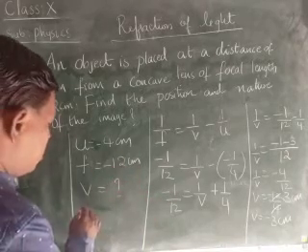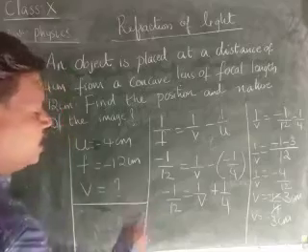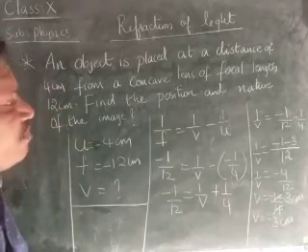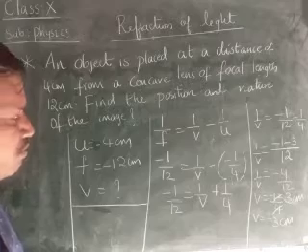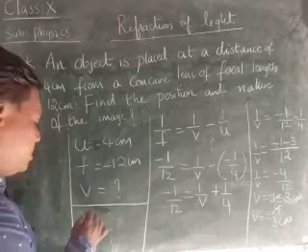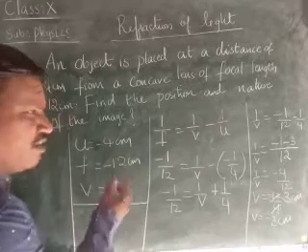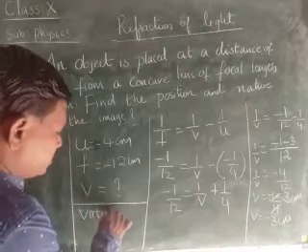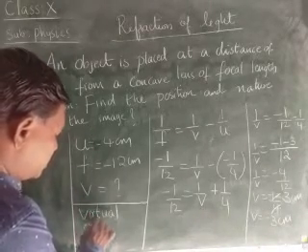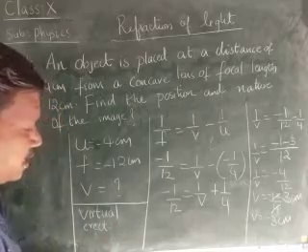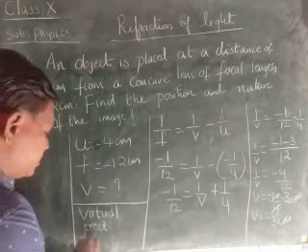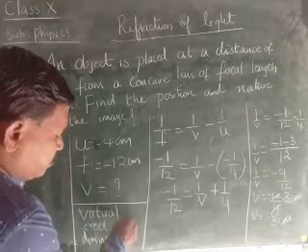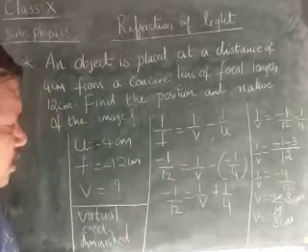Okay children. Now here he is asking the position of the image. In the same way he is asking to find the nature of the image. What is the nature of the image, children? The image formed by a concave lens is always the same. It is virtual, erect, diminished.